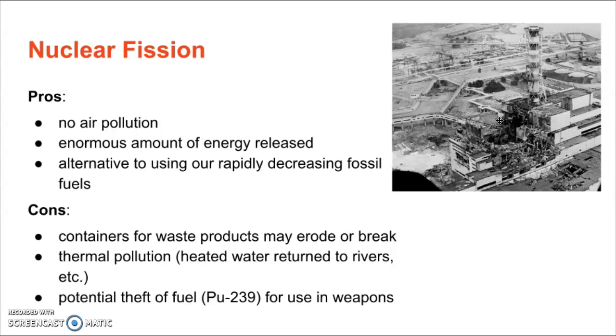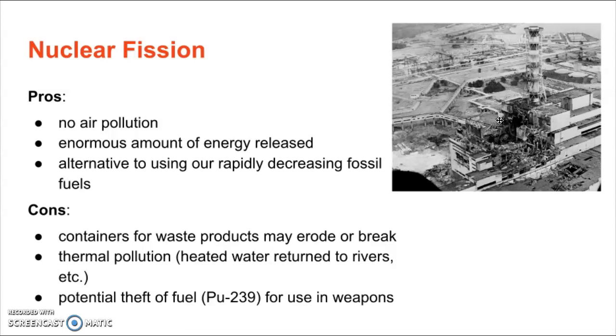Currently in Ukraine, people can still not live in that area because there are a lot of radioactive pollutants covering a lot of miles. It's very, very dangerous and caused a lot of issues. People claim that the biggest pros to nuclear fission in reactors is that it has no air pollution, if done properly.